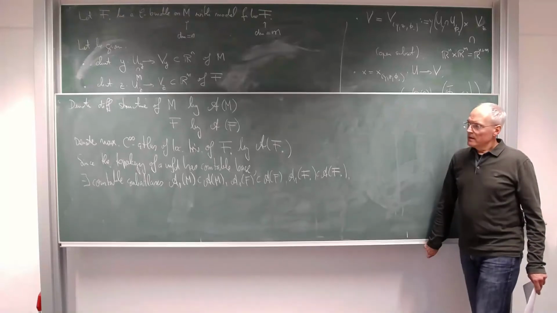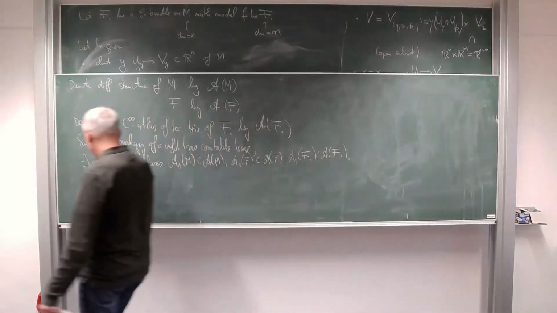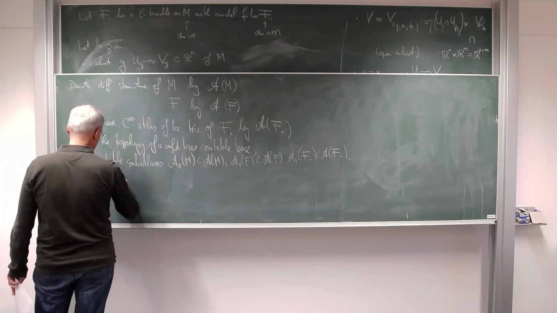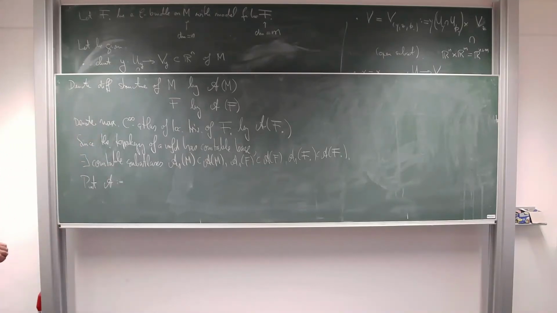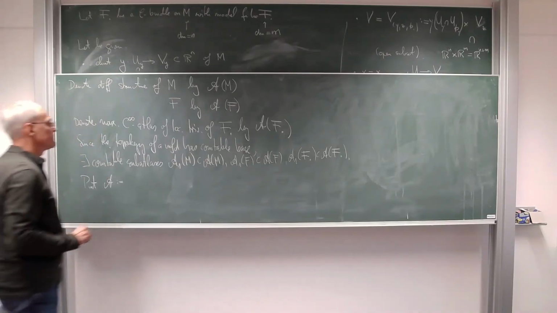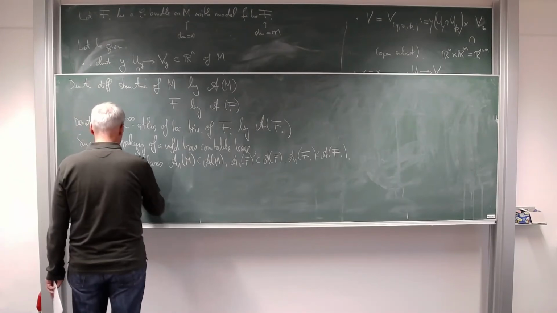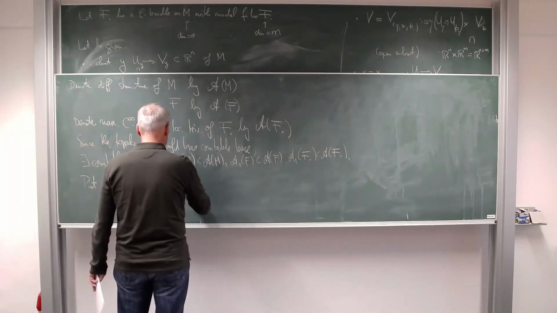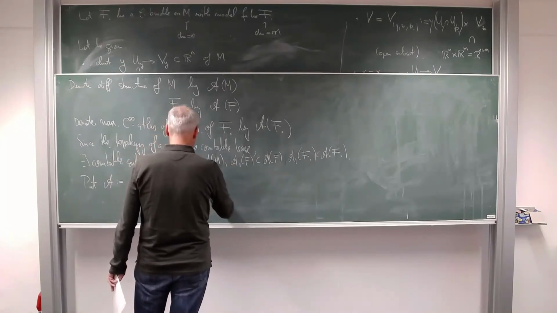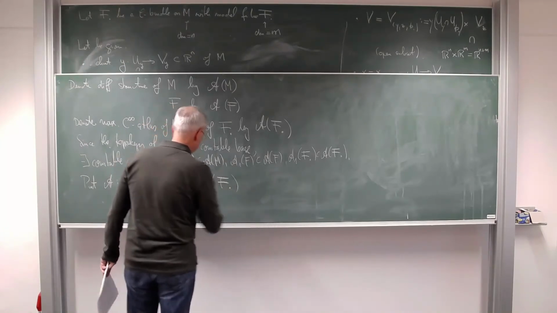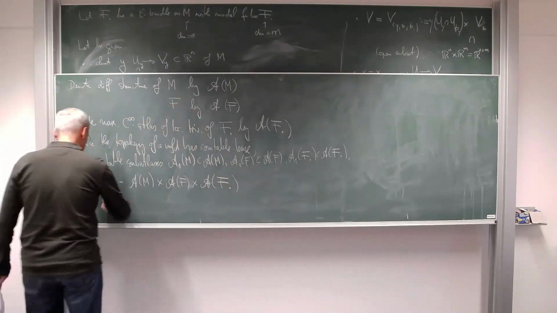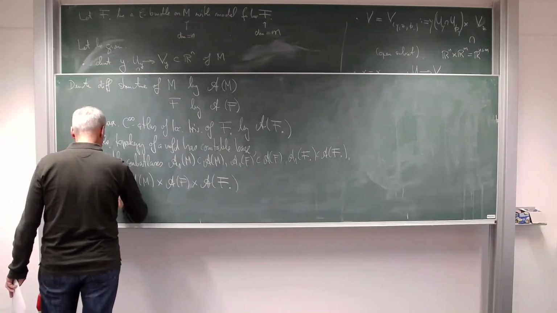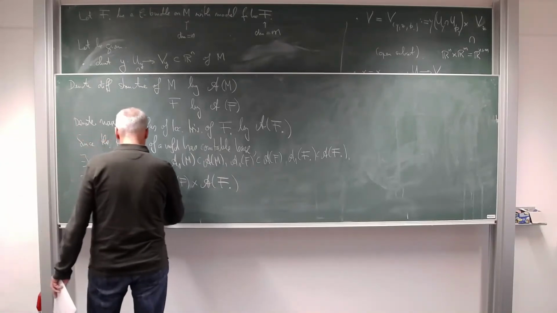Okay, and now I put A to be AM cross AF cross A F bullet, and A1 the same thing with the countable versions.